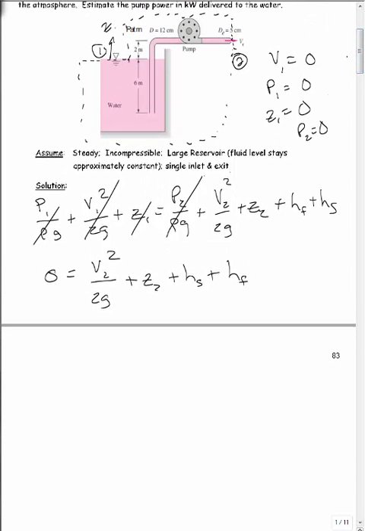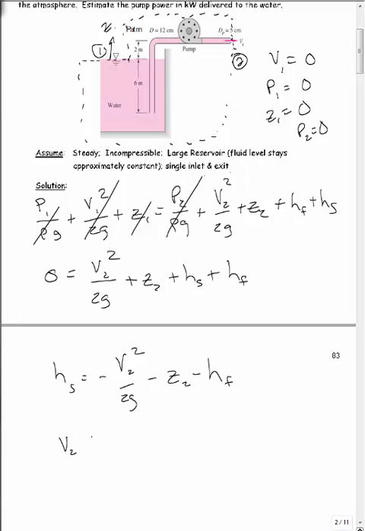All right. So we're trying to solve for the work of our pump, or the power from our pump. So what we want is HS. And that's going to be minus V2 squared over 2g minus Z2 minus HF. Okay, we have Z2, we have HF, we need V2.